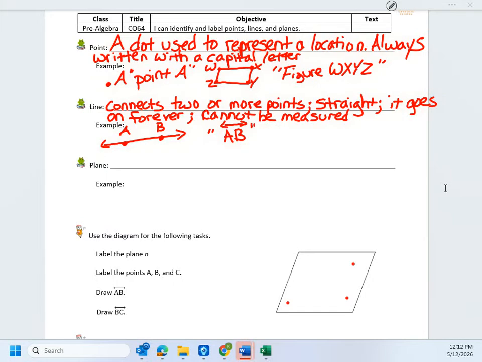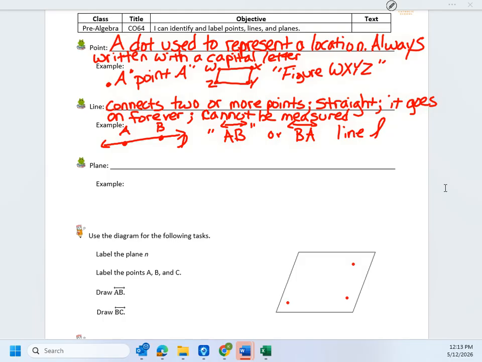We could go the other way and say it's line BA, or if there's like a little cursive L there, we could call that line L. So those are different ways to label that line. Line AB, line BA, line L, with that cursive L.